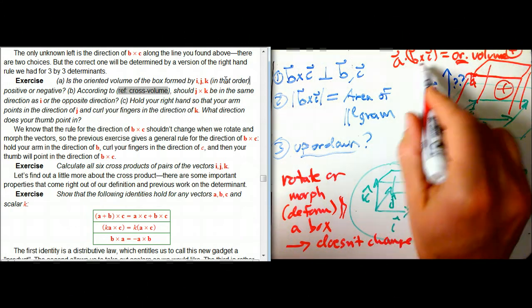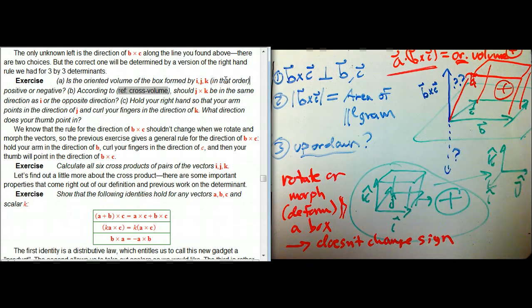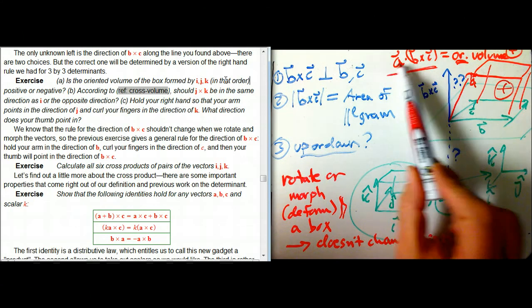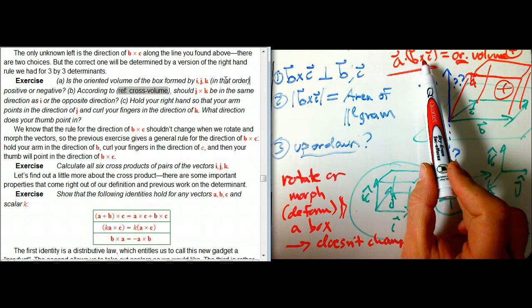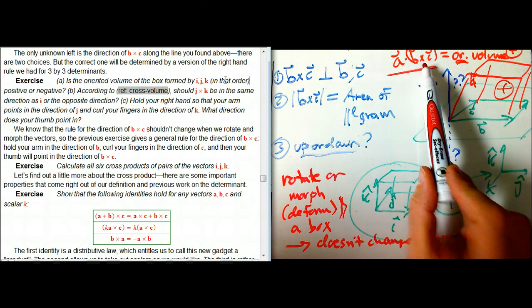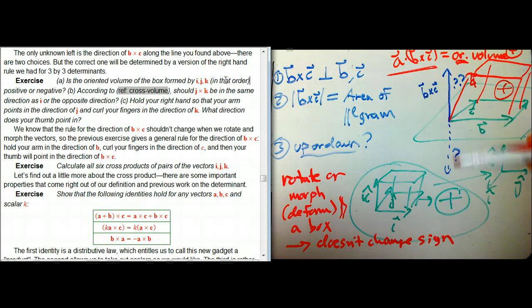Well, how do I make sure that this side also gives me a positive answer? Well, what's the significance of the sign of a dot product? It's positive when they're generally in the same direction. Okay, so this dotted vector would totally not work. If this were B cross C, then this would dot with A to be negative, but we want it to be positive because this has a positive volume box. Ooh, you can't really see that plus very well. Sorry, that's a plus sign right there, guys.